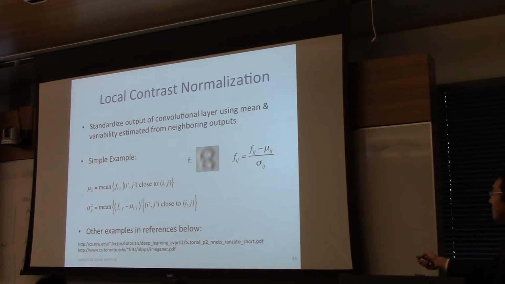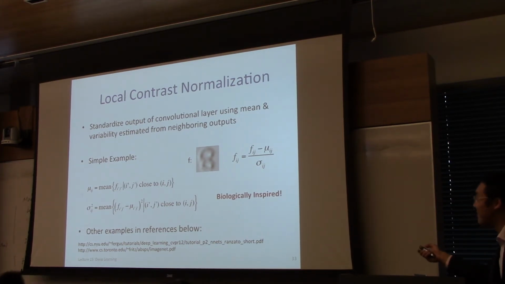And then we just do this. Now everything is on the same scale in its local neighborhood. This is actually biologically inspired, because the human eye does this. This particular formula may not be what the human eye does, but the high-level intuition is biologically inspired.